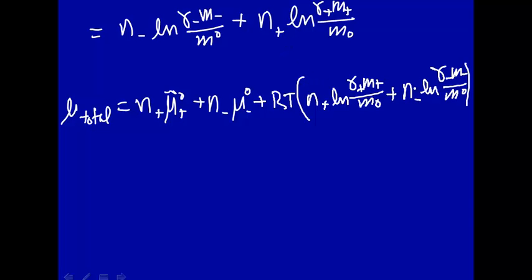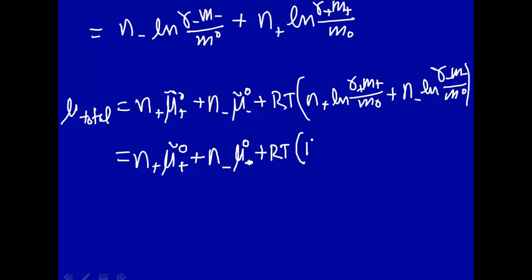And we said that this term can be replaced by, let's rewrite this stuff here, mu0 should be a plus n minus mu minus standard state plus RT times n plus minus natural log of gamma plus minus m plus minus over m0. Okay, that's kind of neat.